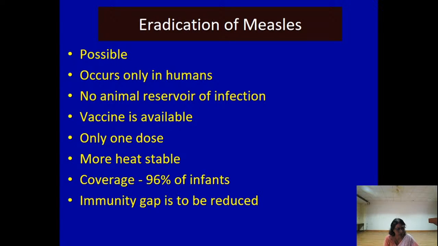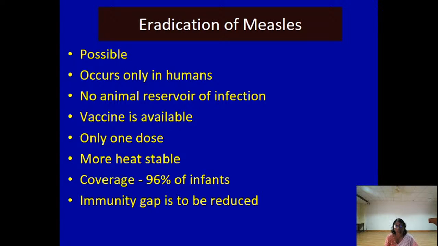Eradication of measles. Is it possible to eradicate measles? Yes. Why? Because the source of infection is only the case. There is no animal reservoir of infection, and a vaccine is available. A single dose will give lifelong protection.